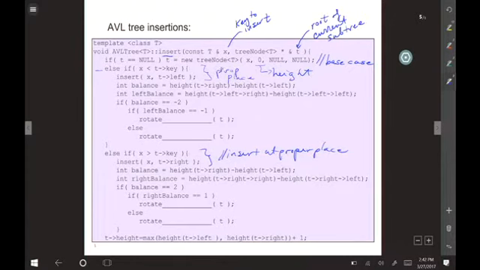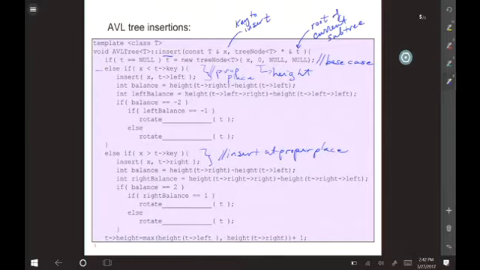Any question about that? So if your key is less than the root, you go to the left. Otherwise, if it's greater than the root, you go to the right. You've known this for a really long time now.